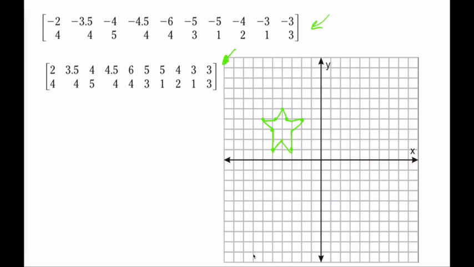And then to reflect this over the y-axis, we use our new matrix. All of our x values go from negative to positive.